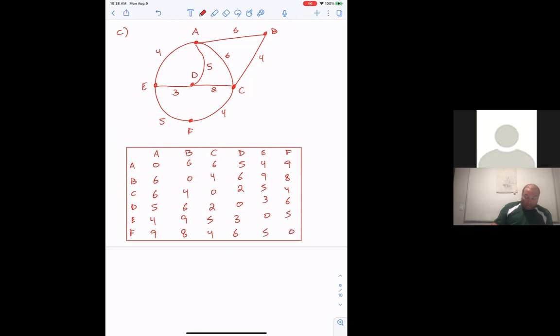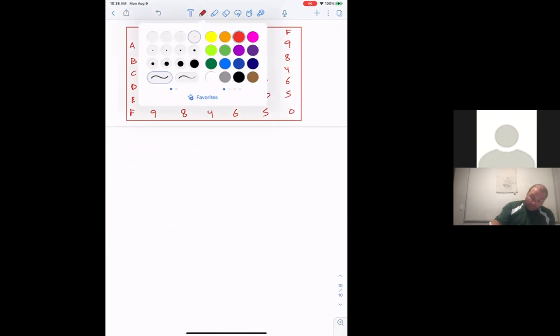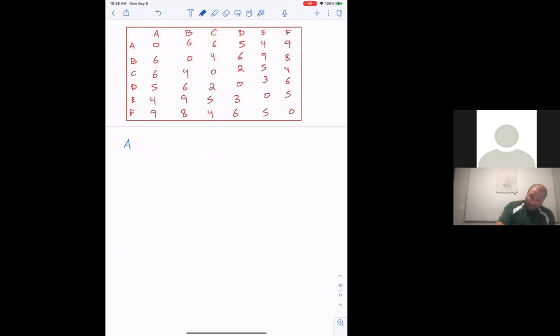Okay. So now that we have the table, I don't need the graph anymore. So let's go. A. And A goes to E. And E goes to D. And D goes to C. And C goes to, oh, now we have 2 choices.